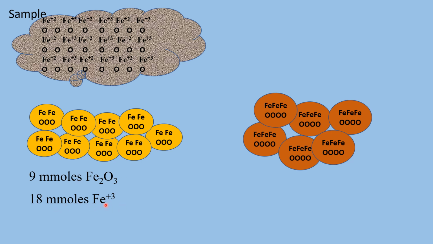So we report the isolated ferric oxide ion as magnetite. Okay? Since, as I was saying earlier, tatlong iron units per magnetite, etong 18 millimoles of iron will give us ilan? 6 na magnetite units. So, ang ating factor na naman dito is divided by 3 to give us 9 millimoles of Fe3O4.